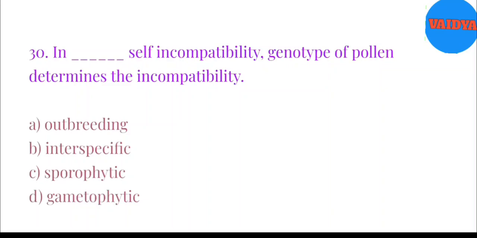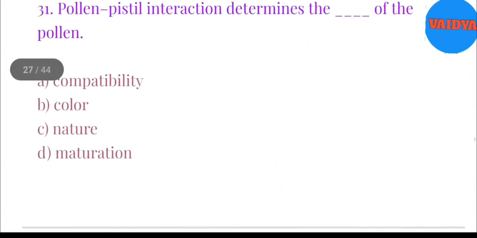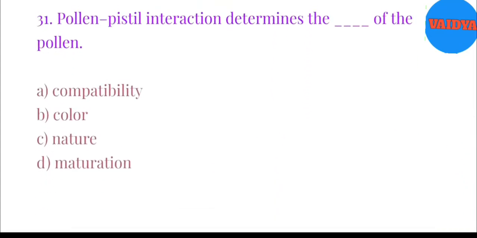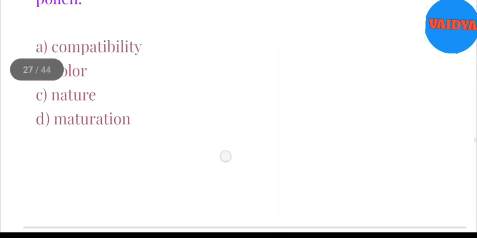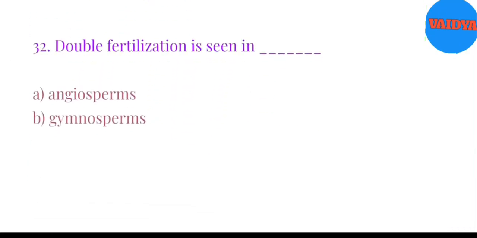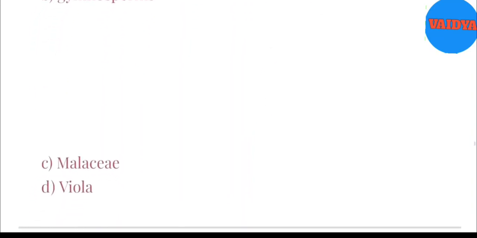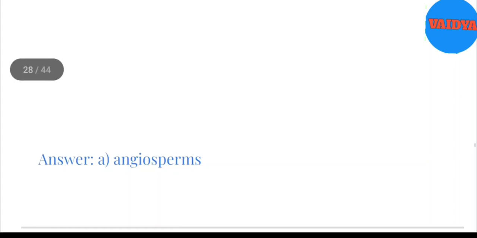D. Gametophytic. Answer: D. Gametophytic. 32. Pollen-pistil interaction determines the dash of the pollen. A. Compatibility. B. Color. C. Nature. D. Maturation. Answer: A. Compatibility. 33. Double fertilization is seen in? A. Angiosperms. B. Gymnosperms. C. Malaceae. D. Viola. Answer: A. Angiosperms.